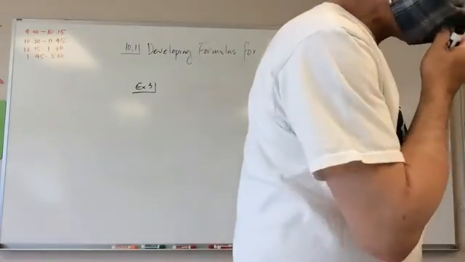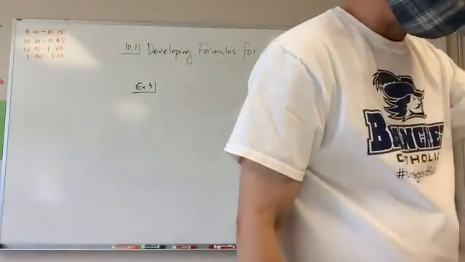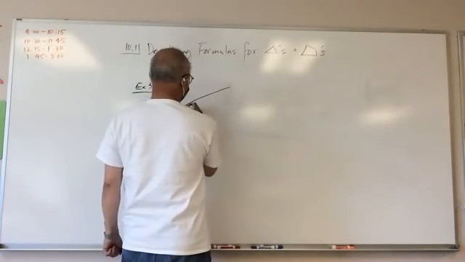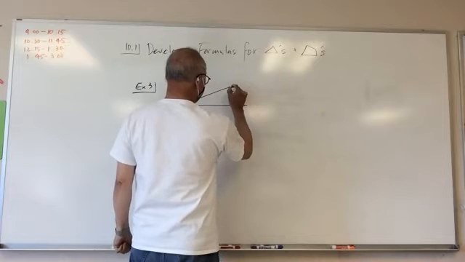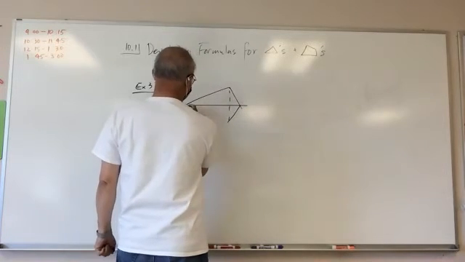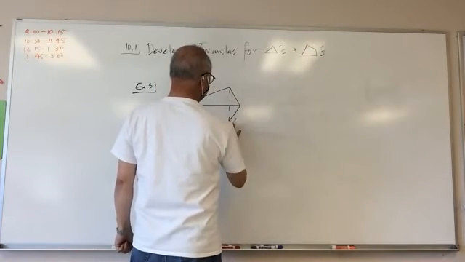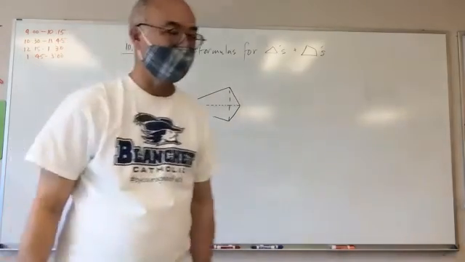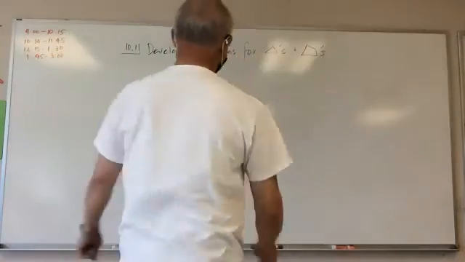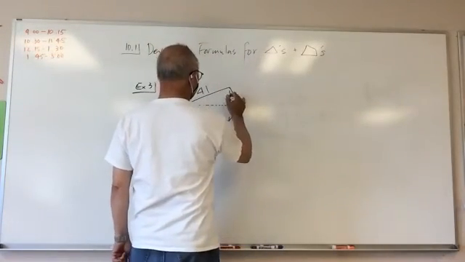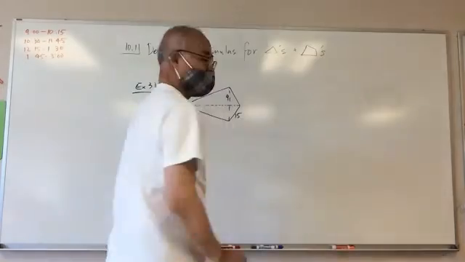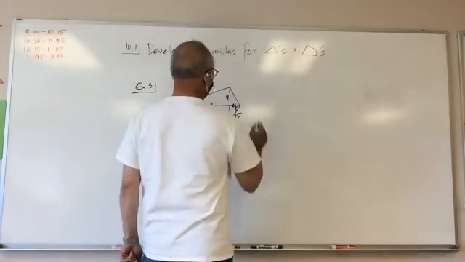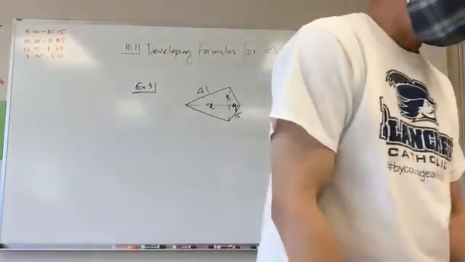And then we have C, the area of the kites. This is interesting. A kite. Okay, so I have a kite that looks like this, 41, 9, 15, X and Y. And I want to know the area of the kite.